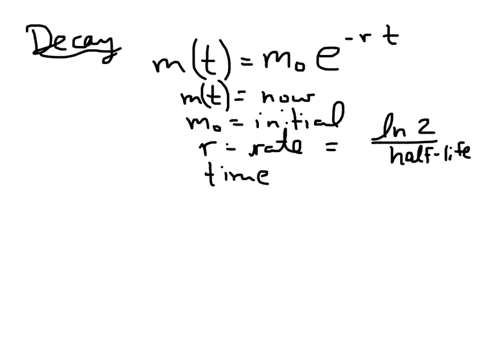Which means a lot of times we use this formula when we carbon date things. For instance, an archaeologist, when they find a fossil, wants to figure out how many years ago this thing was around. They will carbon date it. Carbon has a half-life of 5,730 years.